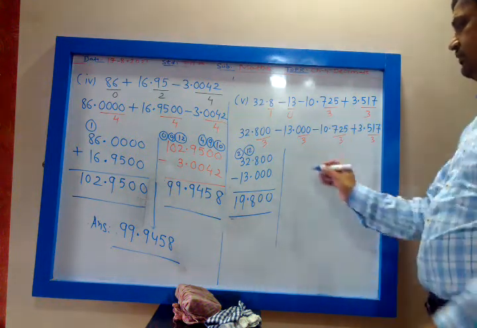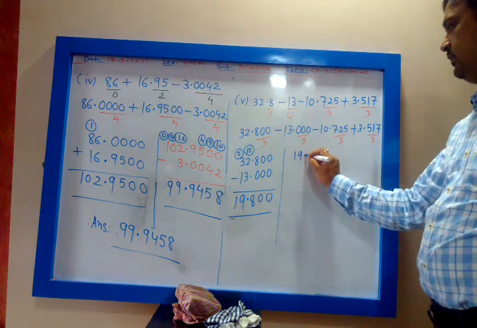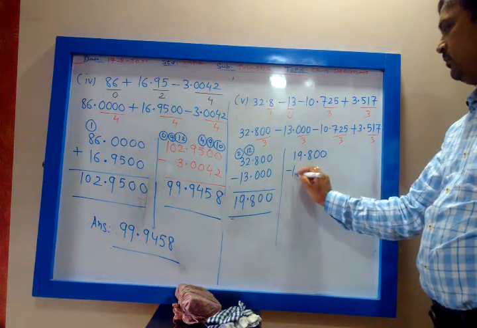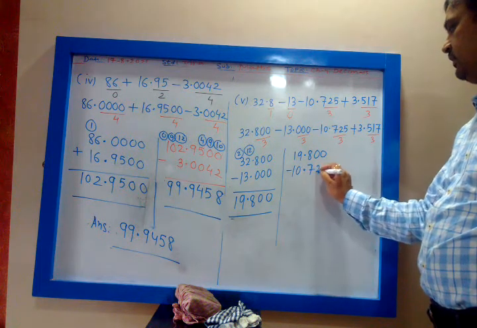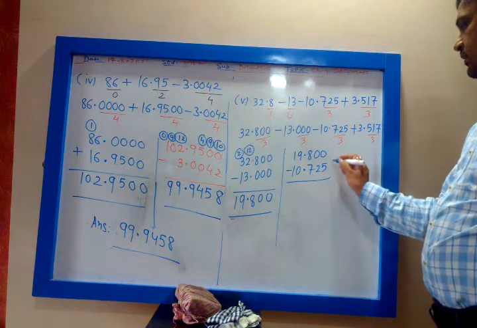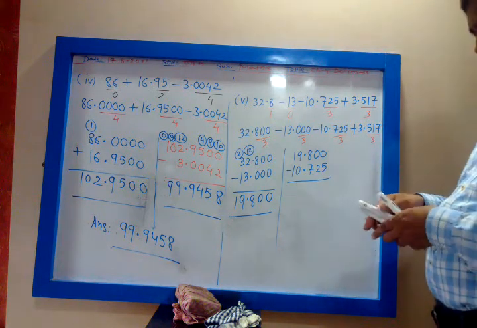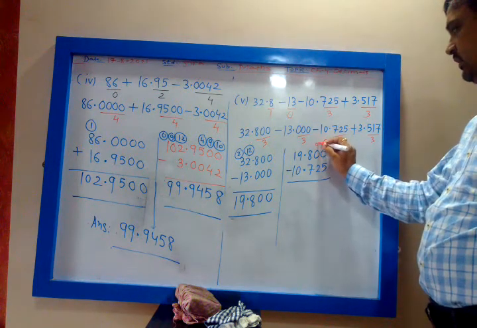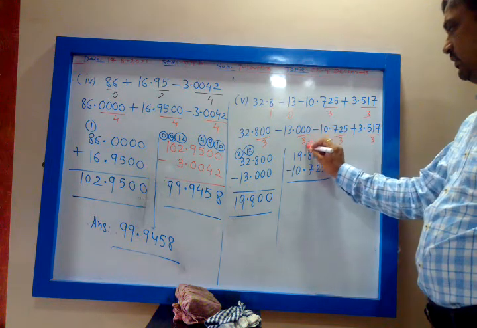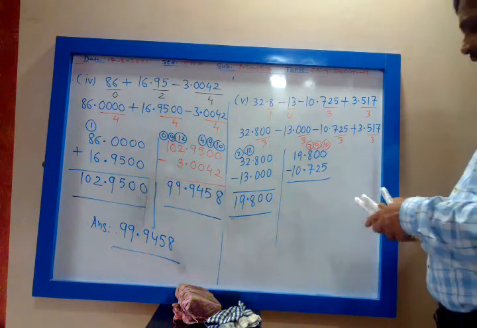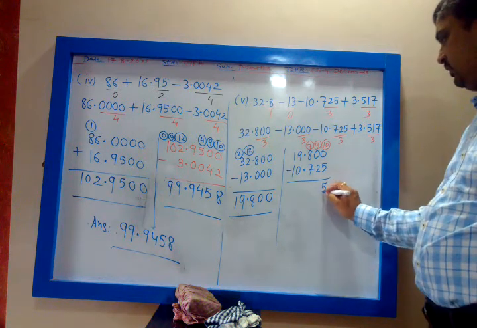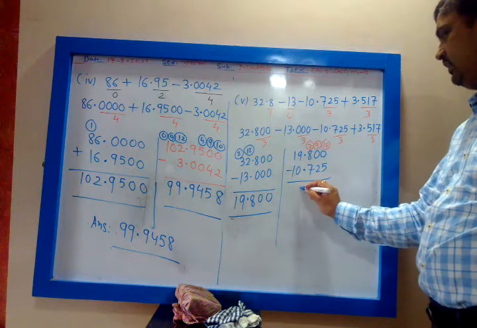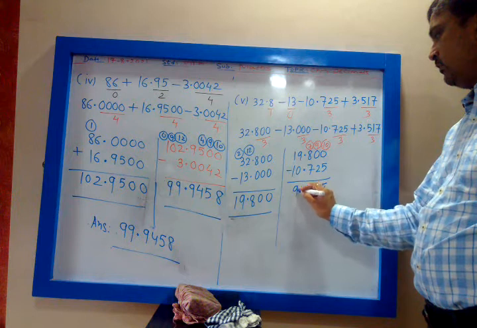Again we have to subtract this. So 19.800, from this I have to subtract 10.725. Now this is 0 and 5, so 0 will become 10, 0 will become 9, 8 will become 7. 10 minus 5 is 5. 9 minus 2 is 7. 7 minus 7 is 0. 9 minus 0 is 9. 1 minus 1 is 0.